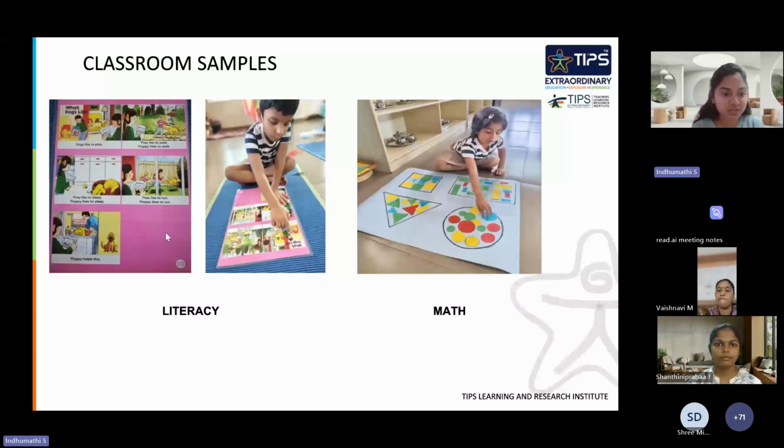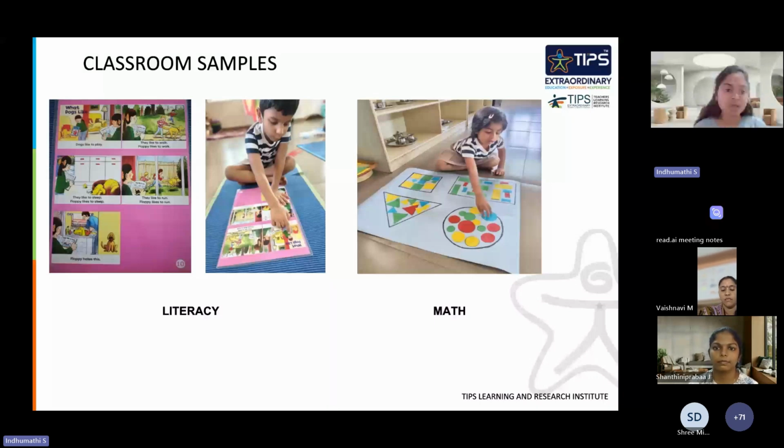Please read that card. I think it's visible, so let me read. The first picture, dog likes to play. And next is dog likes to walk, Floppy likes to walk, and then Floppy likes to sleep, and then Floppy likes to run, and the last picture, Floppy hates this.